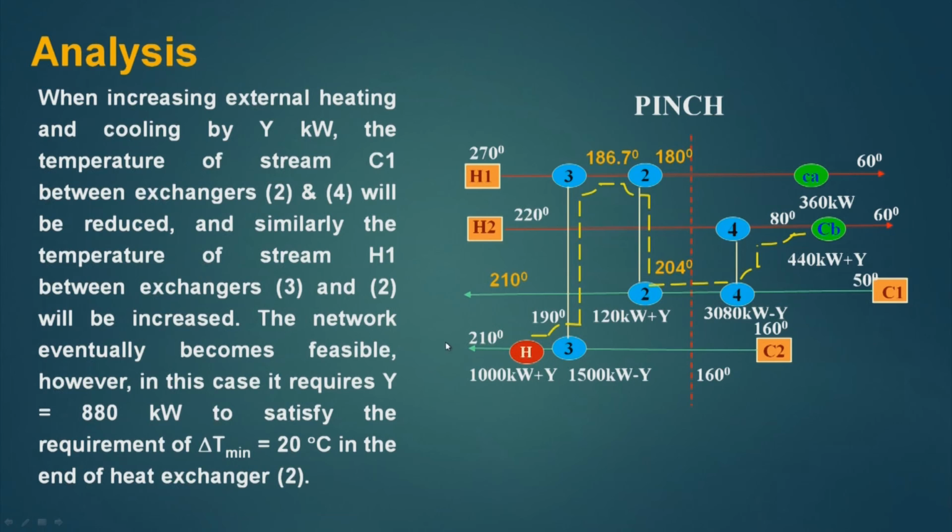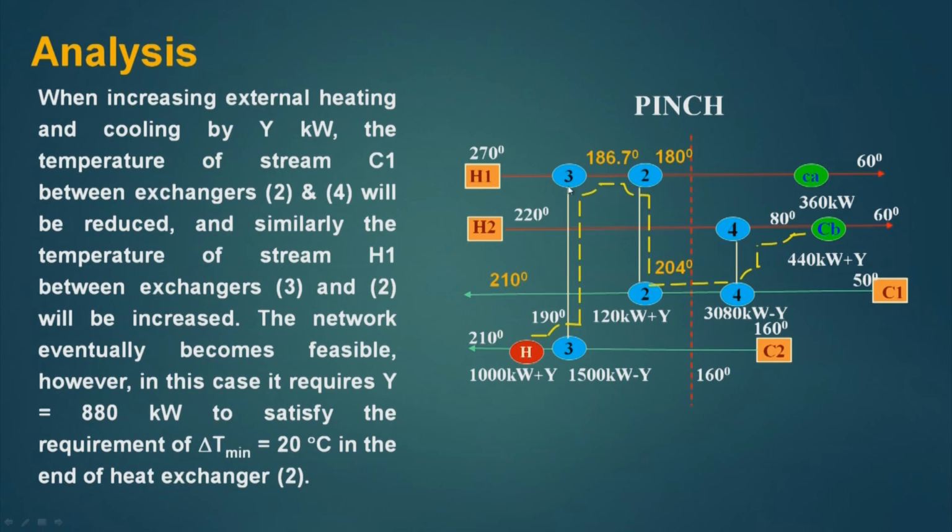So, this temperature remains same, but when I decrease this, I am taking less heat from this hot stream. So, this temperature will rise, this temperature will rise. Here the capacity is increasing. So, here there will be a drop, or it will maintain same.